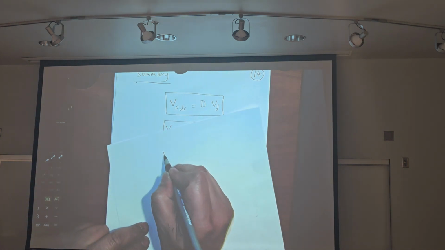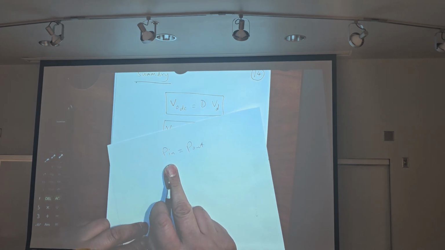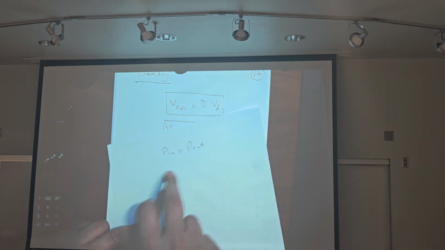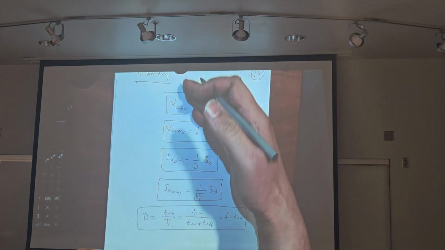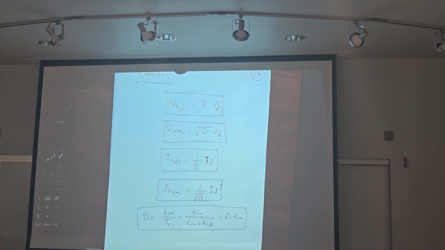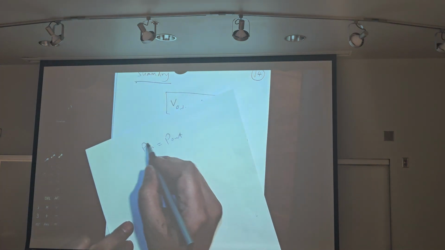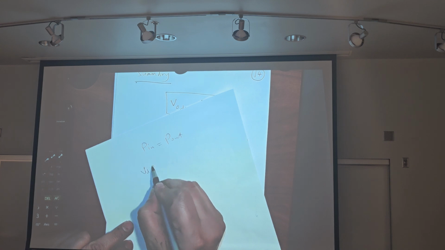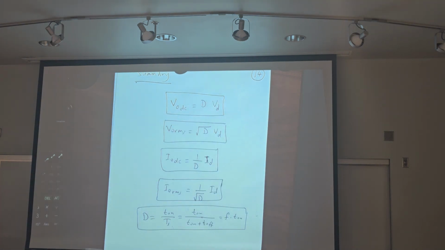Because power input equals power output. Power in is VDID. I want to write the summary and then we will start to discuss the power. Okay, power in, power out.